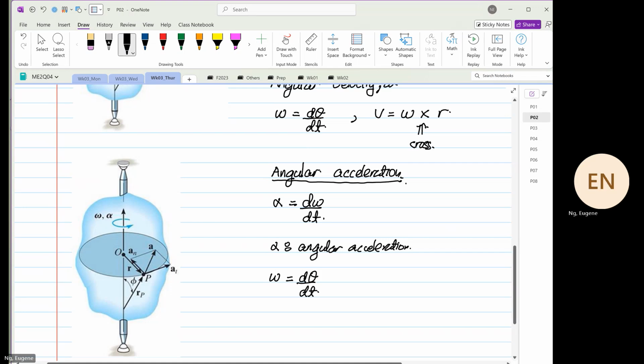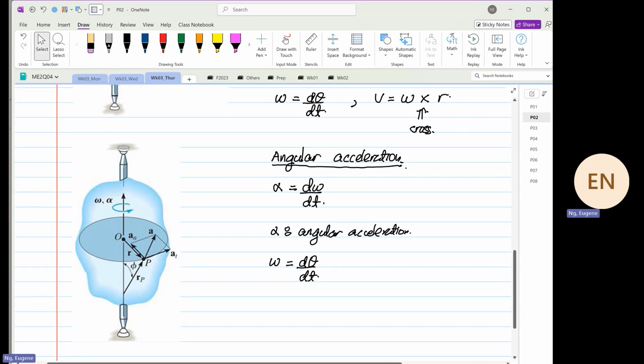So we can write alpha as d over dt of d theta over dt. So this is equal to d squared theta over dt squared.